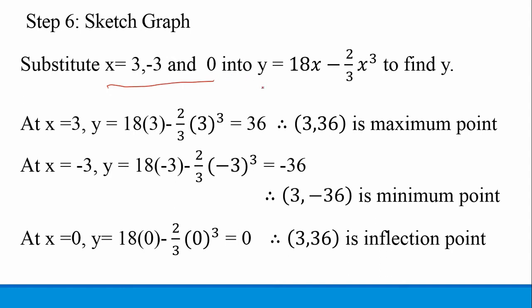I substitute into the original equation. When I substitute 3, I get 36. When I substitute negative 3, I get negative 36. Okay, this is the point. When I substitute 0, I get 0 and 0. The inflection point occurs at 0, 0.